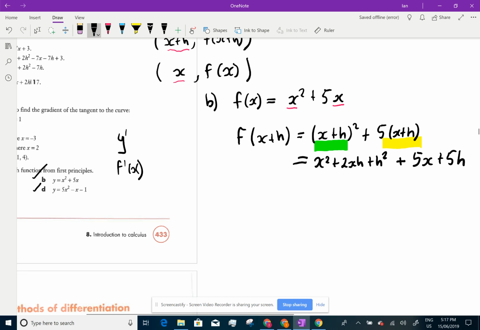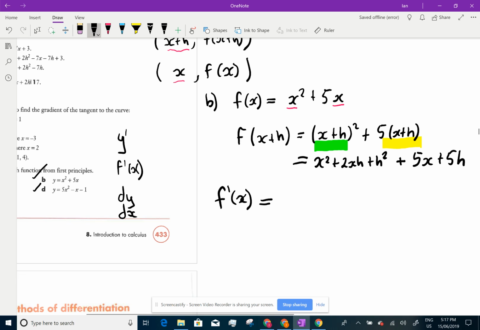And the other more commonly used one is dy dx. So I'm going to use two of these. For the first one, I'm just going to call it f dash x. That's finding the derivative of the function that we have. Remember, the function that we have is x squared plus 5x. We can call it the gradient function.